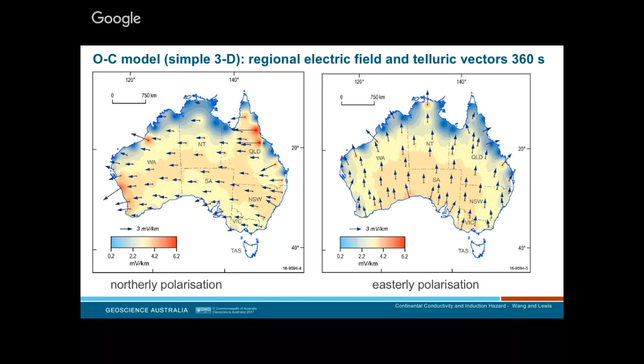This model accounts for the conductivity contrast between the land and the ocean, with no reference to any conductivity anomaly on the land. So we can see in Central Australia here it is pretty much like the simple model we saw in the previous slides, but there's an enhancement in the fields here, and also distortion in the direction of a telluric vector somewhere here.